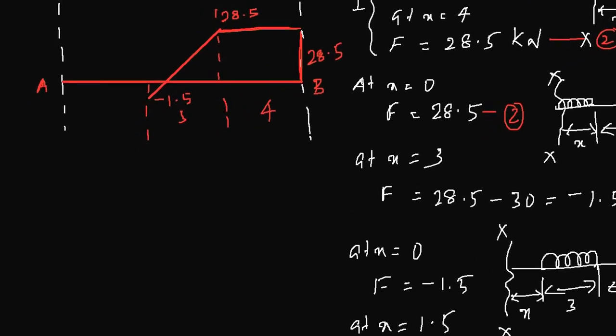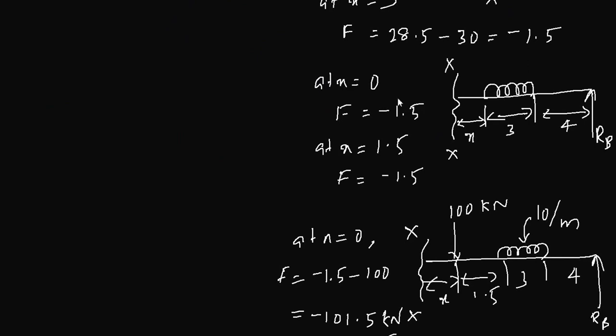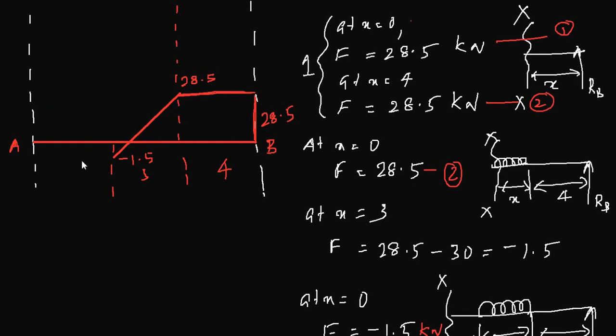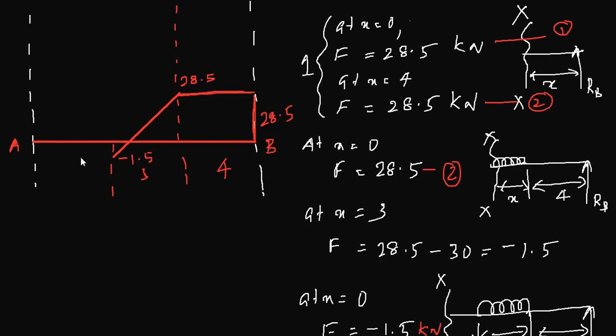And then what happens is you have the third section where at x equal to 0 and x equal to 1.5 meter you have minus 1.5 kilonewton in both cases, which means you remain the same force until you reach the distance 1.5. So minus 1.5 remains the same.